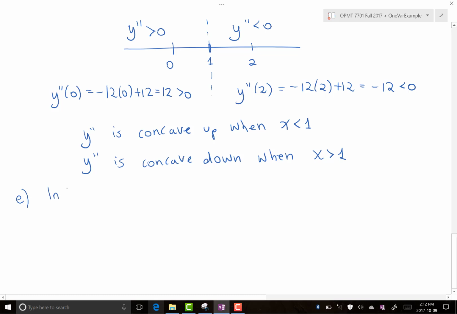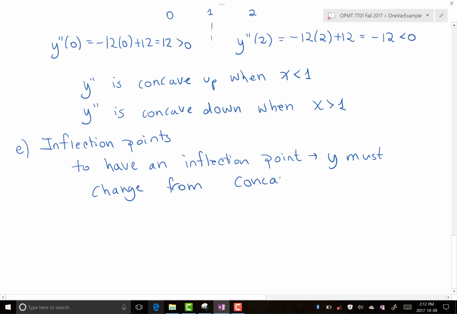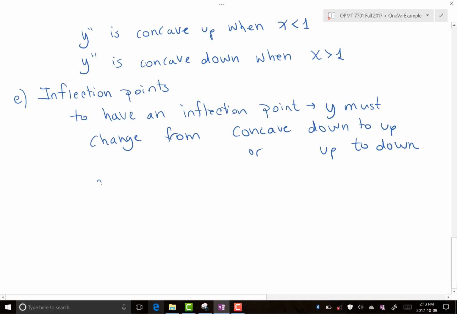Next here is what are called inflection points. To have an inflection point, y must change from concave down to up or up to down at that point.